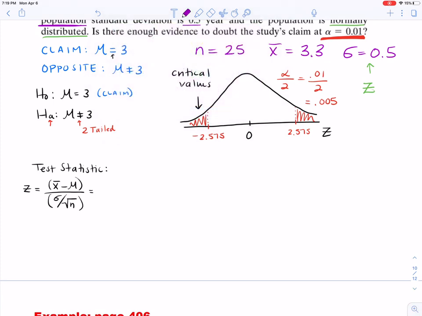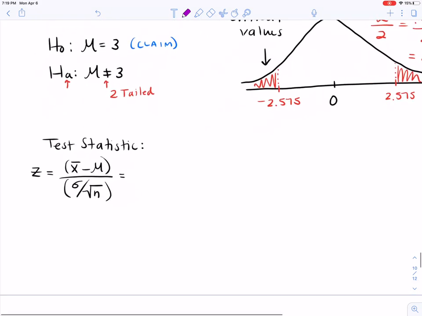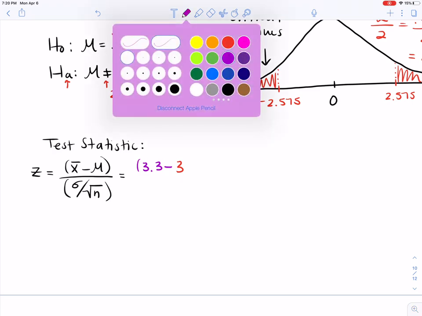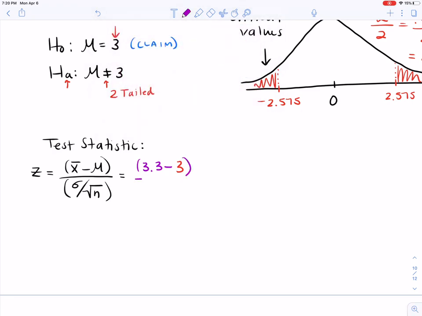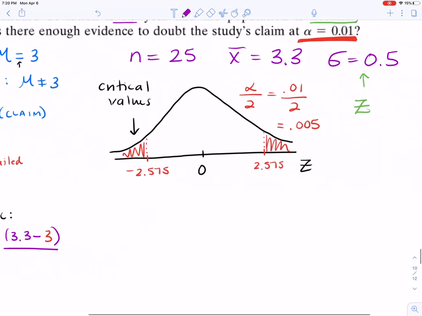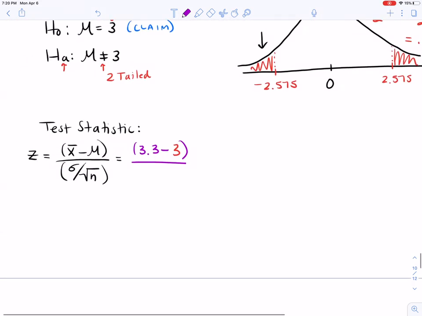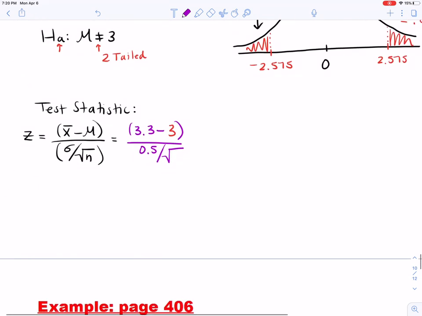So I'm going to take my sample mean, which was 3.3. Always start with the sample mean first. And for the value of mu, what I'm going to plug in is the value that I am testing. And then I'm going to divide that by sigma, the population standard deviation, which was 0.5, over the square root of n, the sample size, which is 25.